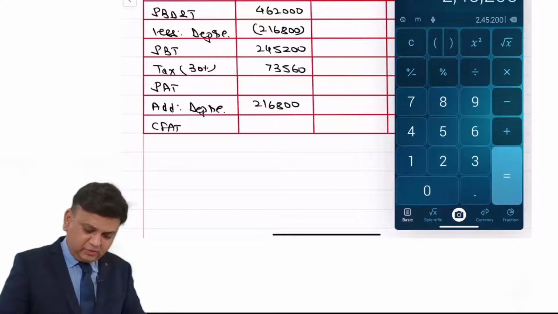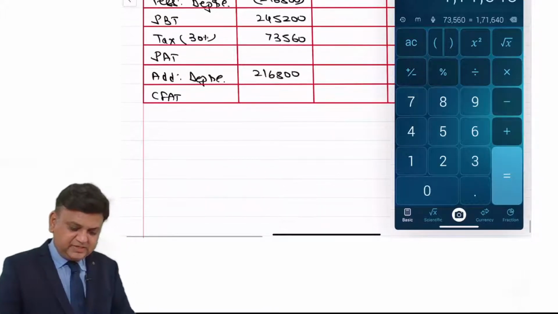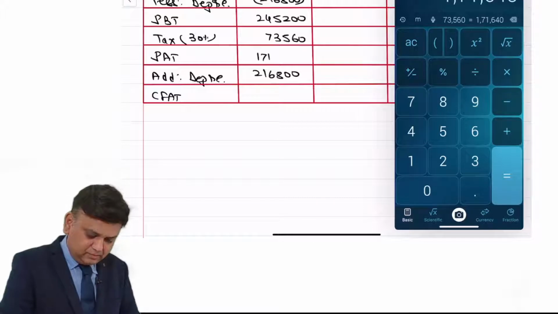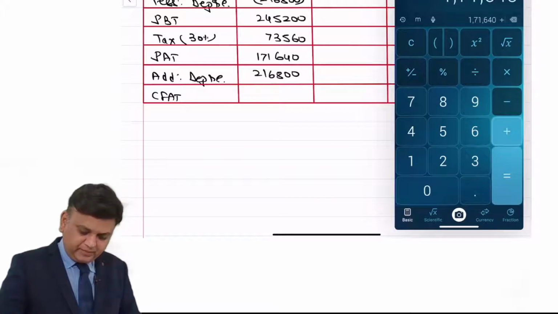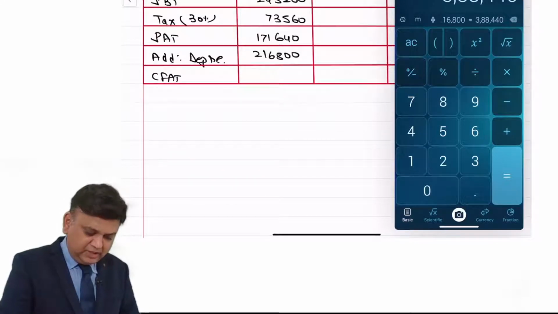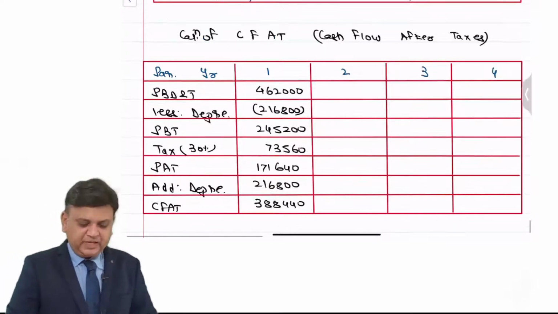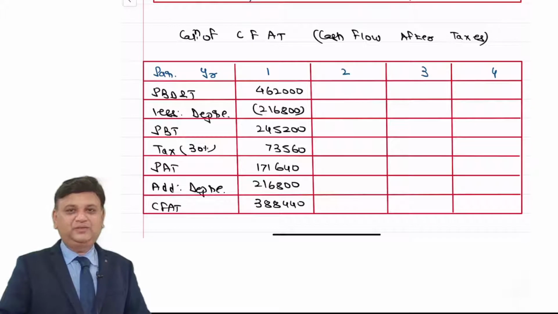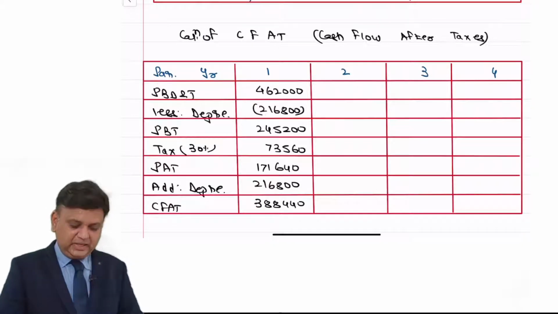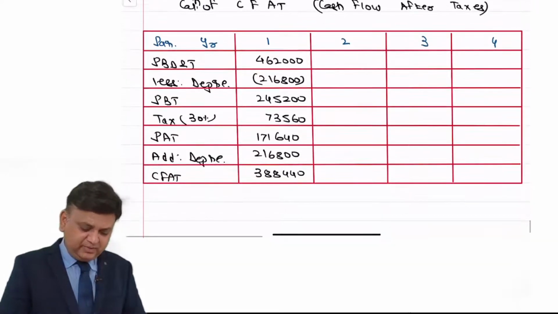So 245,200 minus 73560, that is 171640, plus 2,16,800. So it comes to 3,88,440. That is the way the CFAT can be found. Similarly, we are required to do answer for the remaining years.